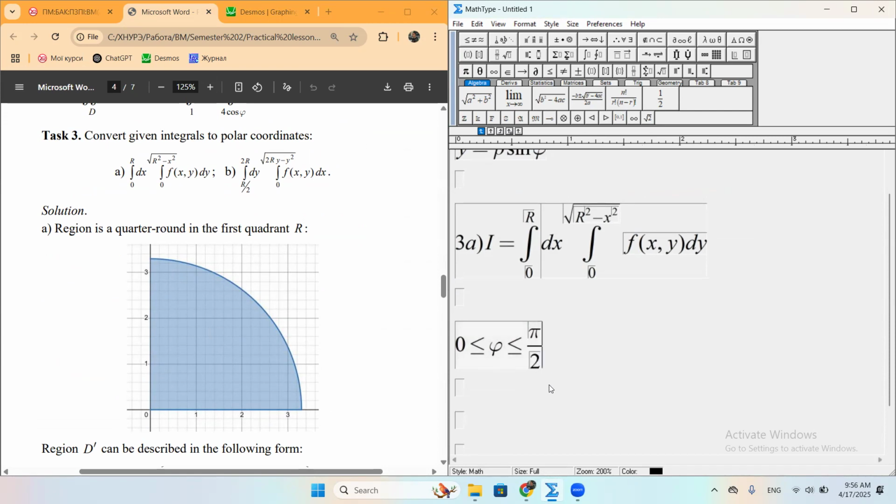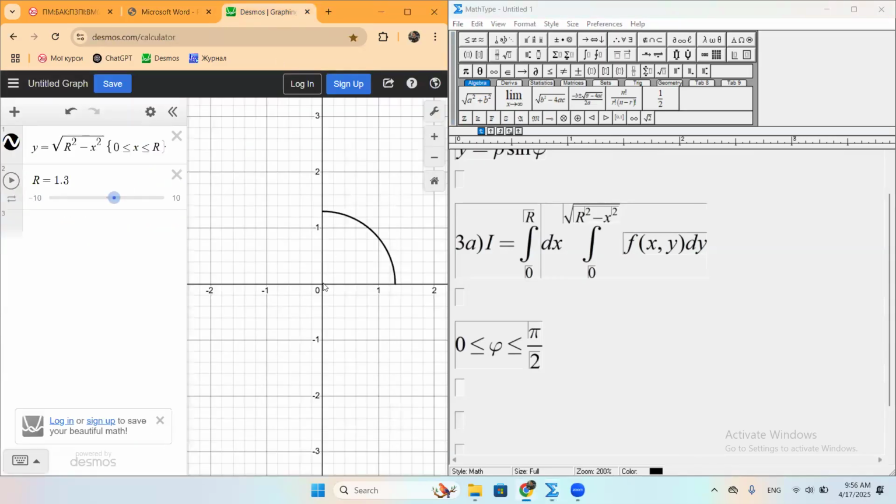Then, what about rho? Again, we see that it changes from 0 to r, the same distance everywhere.